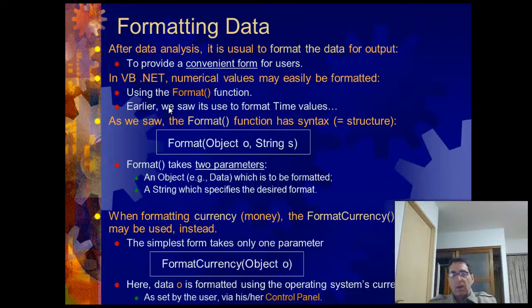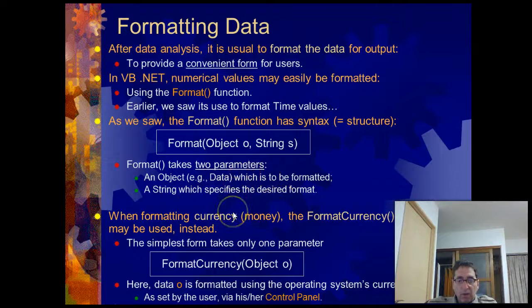Okay, so we saw the use of the format function before, and the format function has the syntax or the structure of the object, which we'll call O here, and the string, which we'll call S. So format takes two parameters, an object, for example, some data, which is to be formatted, and a string, which specifies the desired format.